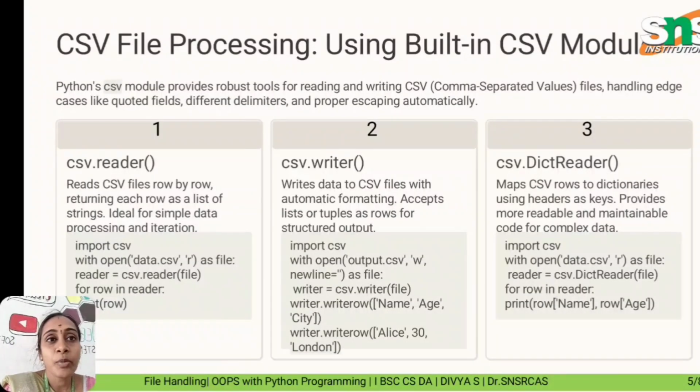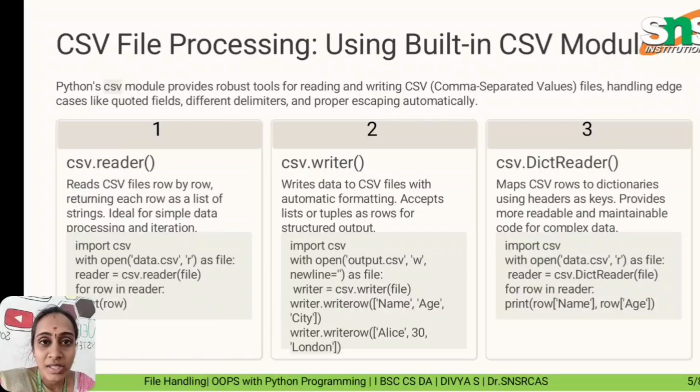So, CSV file processing using the built-in csv module. Here the Python csv module provides tools for reading and writing CSV, that is comma separated values files, handling edge cases like quoted fields and different delimiters, and also proper escaping automatically. csv.reader(file) reads the CSV file row by row, returning each row as a list of strings, which is ideal for simple data processing and iteration here.